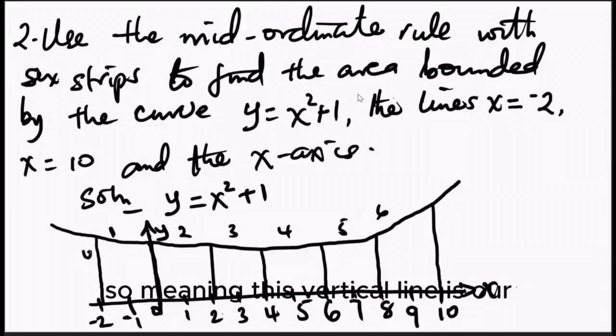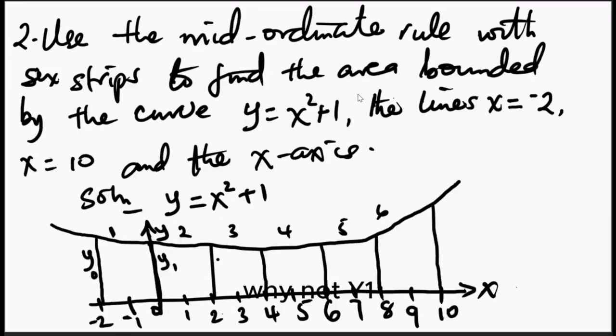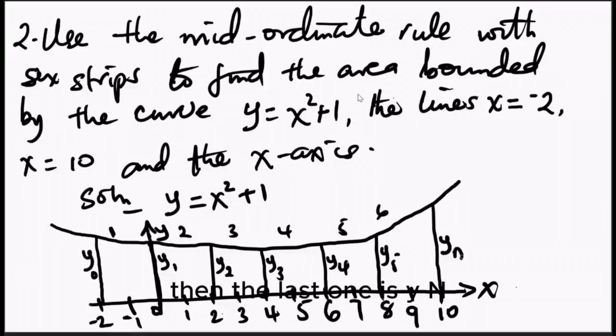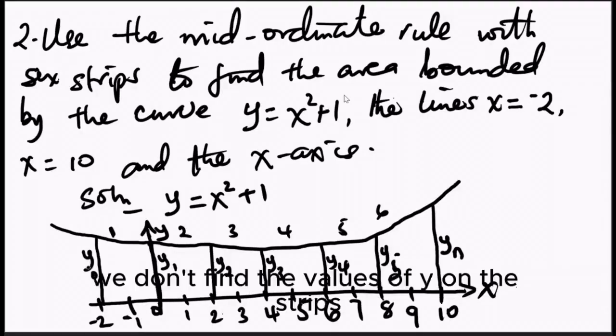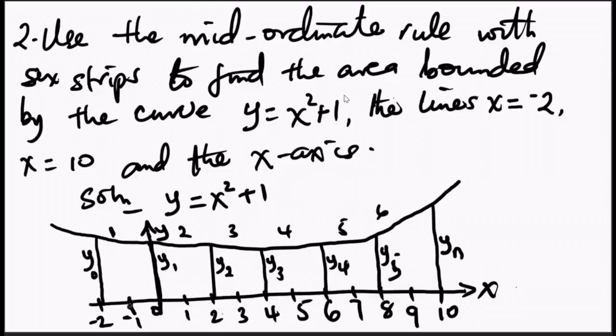So meaning this vertical line is our y0, y1, y2, y3, y4, y5, then the last one is yn. Now, when using mid-ordinate rule, we don't find the values of y on the strips, we come to the middle.